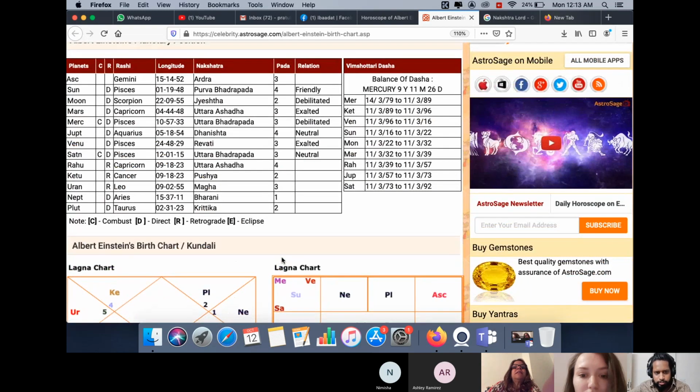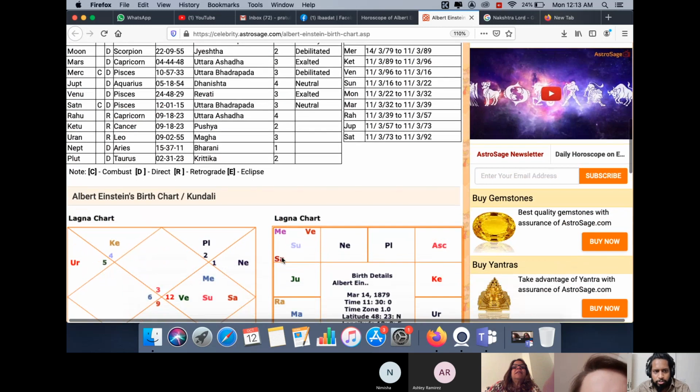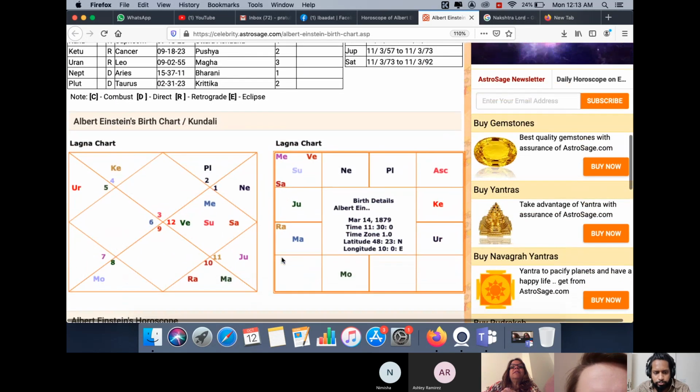Rahu is in Capricorn, in the eighth house. It sits with Mars. Yeah, exactly. What does the 8th house represent?